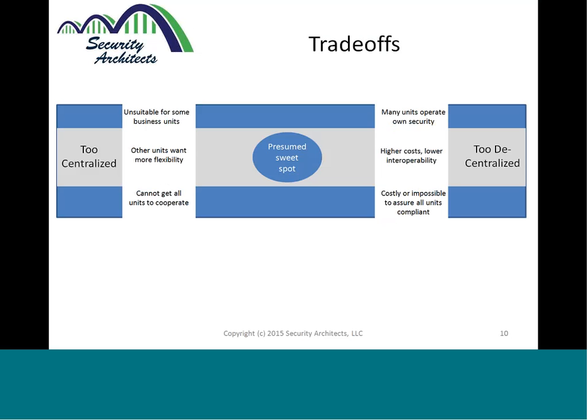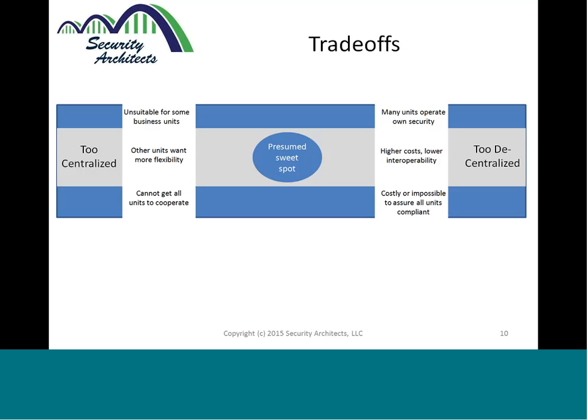Now, if you look at these two models, centralized on the left and decentralized on the right, there's some trade-offs between them. And taken to an extreme or put in the wrong context, they don't work all that well. A centralized model, for example, may be unsuitable for some business units.